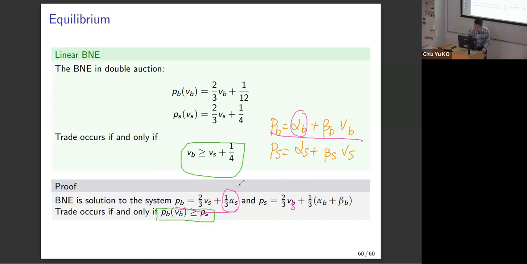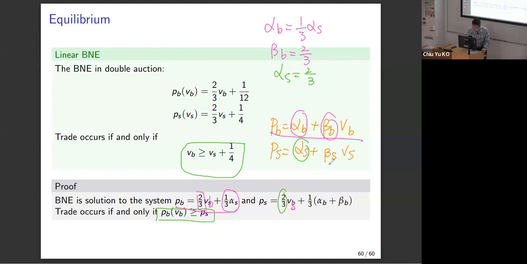So I'll look at this equation, you compare the constant term, alpha B is 1/3 of alpha S, right? And you compare this guy, right? And then beta B is 2/3, right? And then you look at alpha S is 2/3.